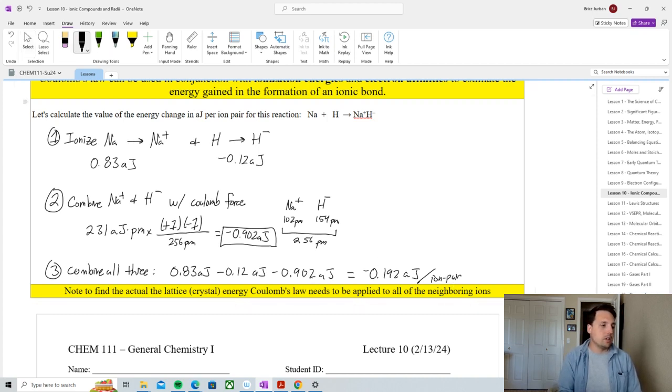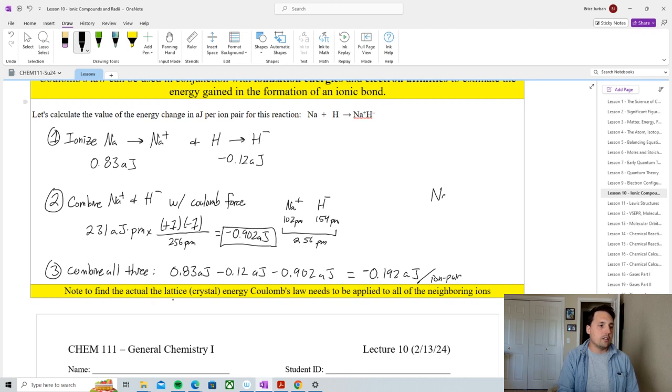Sometimes when you do this, you'll end up getting a positive value. And that's because we're not accounting for the lattice energy, which is the overall energy that's accounted for when we apply Coulomb's force to all of the neighboring ions.